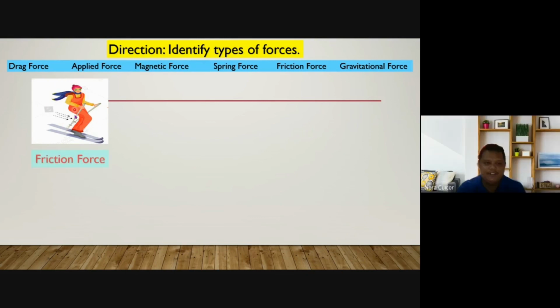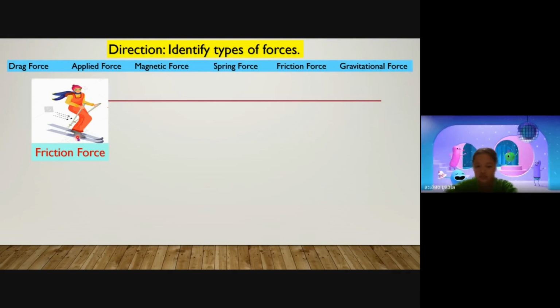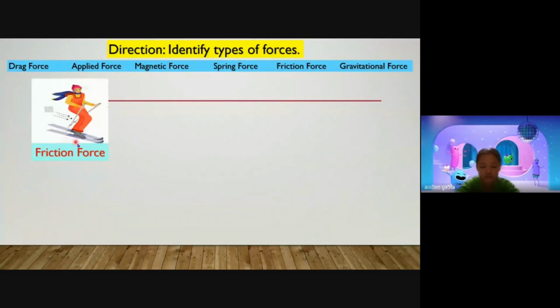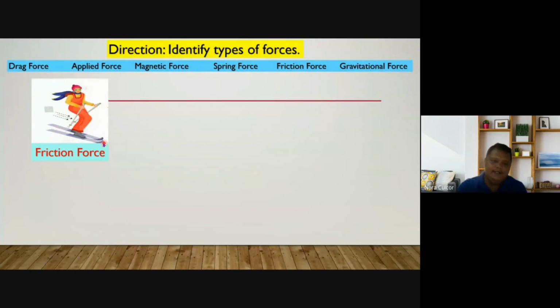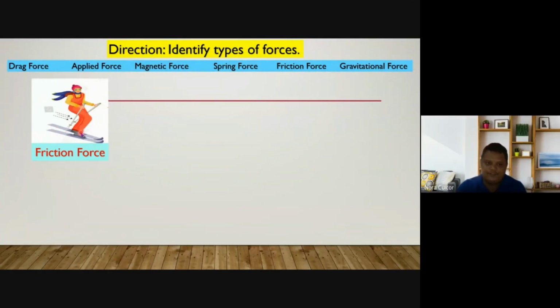This example is a friction force. The ground and the skate are rubbing each other like this. When two objects are rubbing each other, it creates a friction force. So the ground and the sled are rubbing each other, creating a friction force.